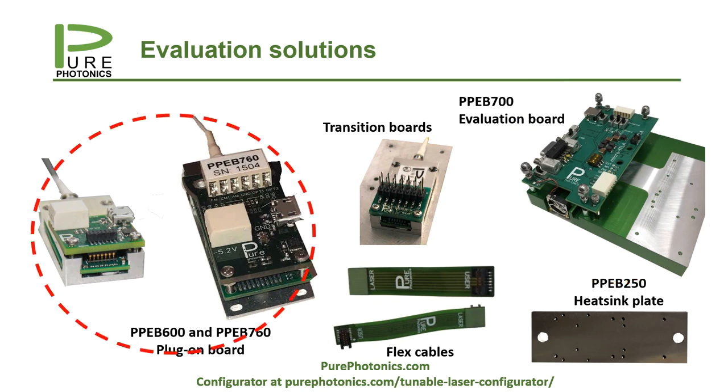We also have a plug-on board, PPB600, that goes onto PPCL 600, and PPB760 that goes on PPCL 700. This provides a micro USB interface and the conversion from a small 14-pin connector on the product to a wire terminal solution. All the evaluation products come with flex cables, connector boards and heatsink plates.